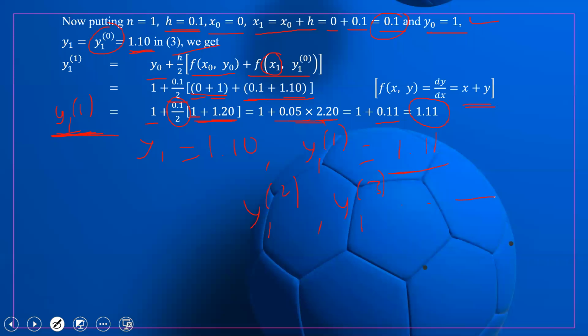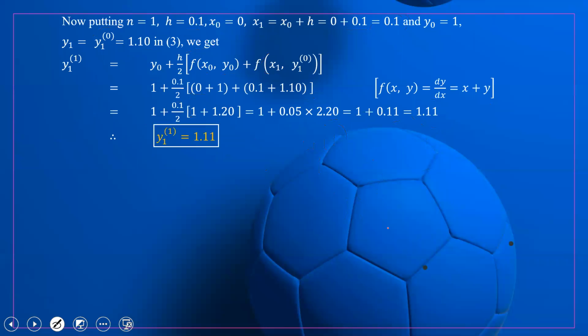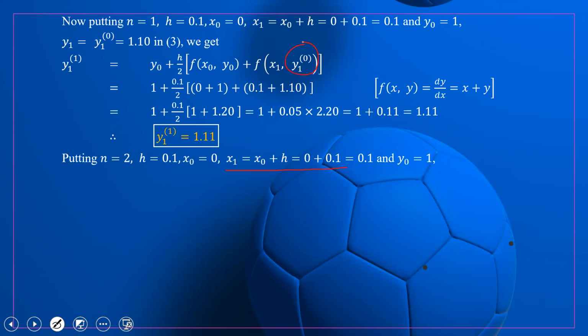until we are not getting a constant value. If these values are constant, then we stop there. So let us try to find out the next iteration. Putting n equal to 2, h is equal to 0.1, x0 is equal to 0, x1 equal to 0.1, the same value. This value will change only for the second iteration. So y1 first iteration is taken as 1.11 in equation number 3.